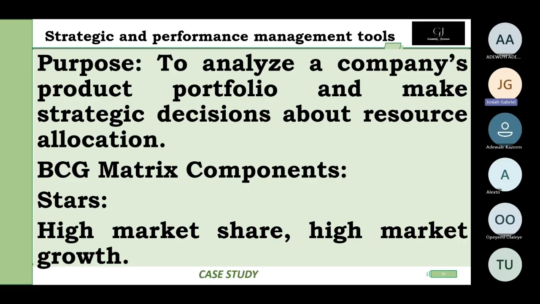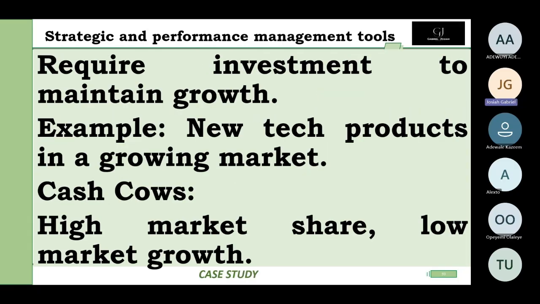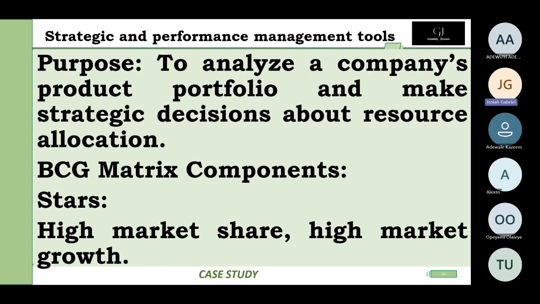So the BCG matrix is a good matrix, and the components talk about looking at products at levels with some specific names. For example, the first component is stars. These are products that give you high market share and high market growth. So what you do to such products is you invest in them to maintain growth.